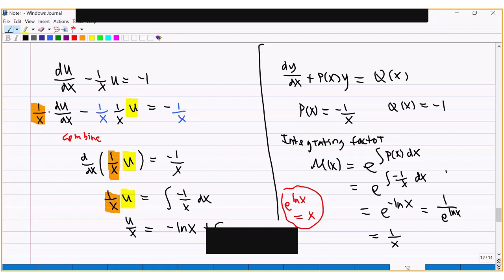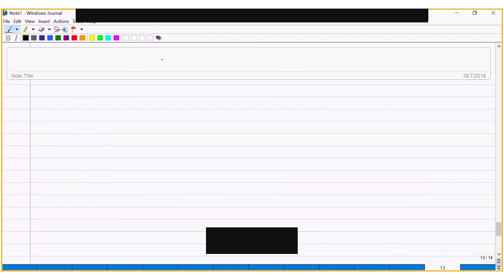First, u over x is minus ln x plus c. Then you put the u back. So u over x equals minus ln x plus c.